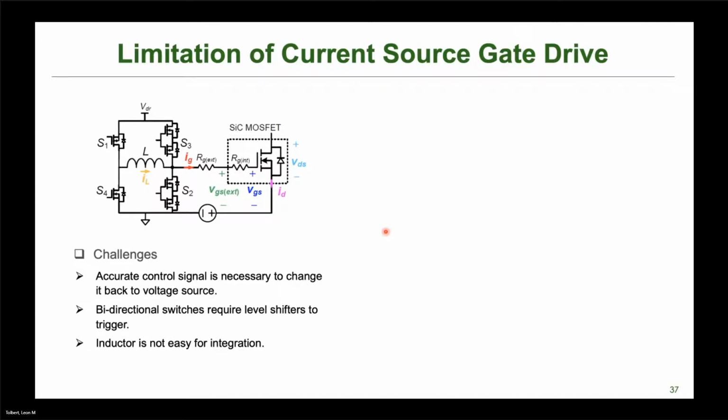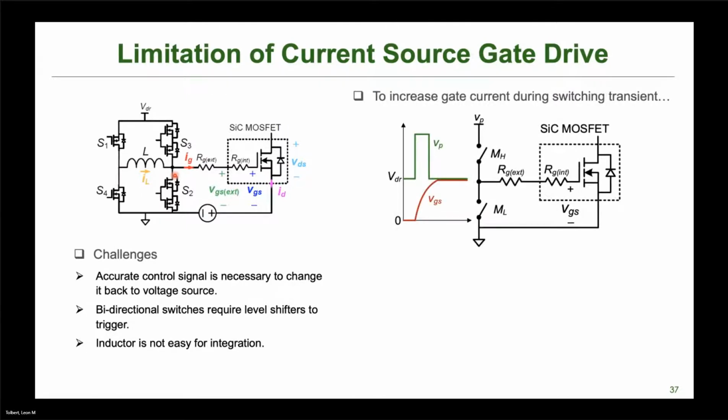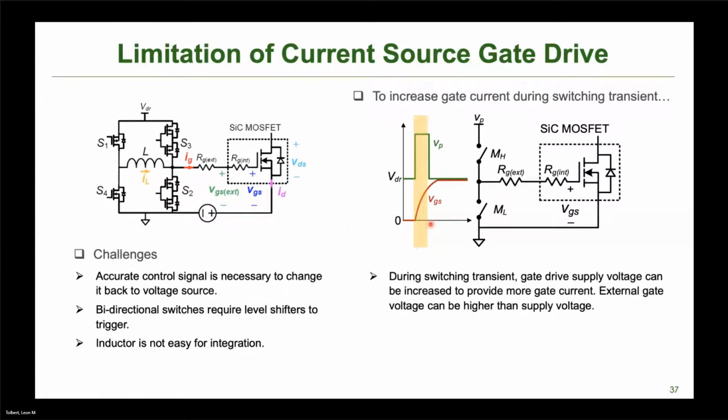So our current source gate drive, just as I mentioned a few minutes ago, we do need some accurate control signal. We require some bidirectional switches and this fairly large inductor here that we've added to our gate drive. And so what we would really like is, of course, not to have that inductor and some of those things. So this is kind of an idealized sense of what we would like.